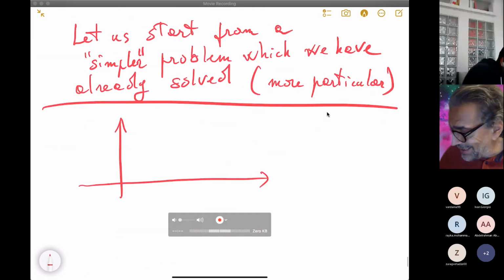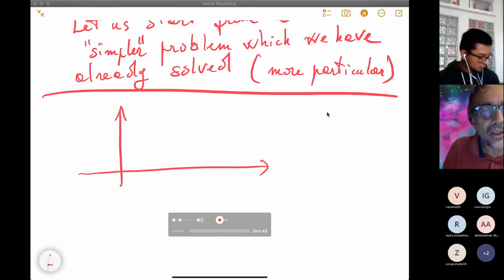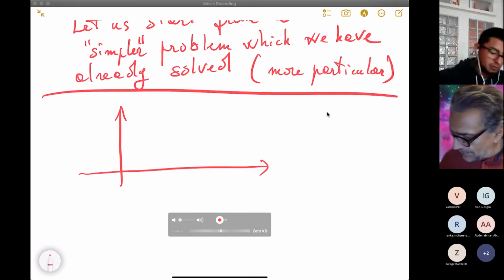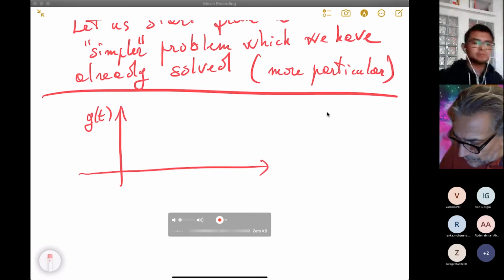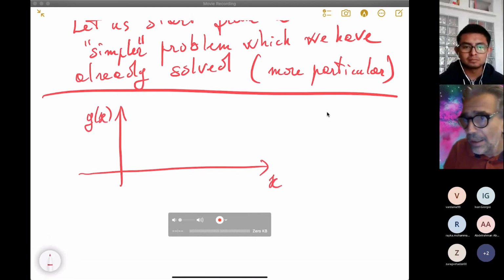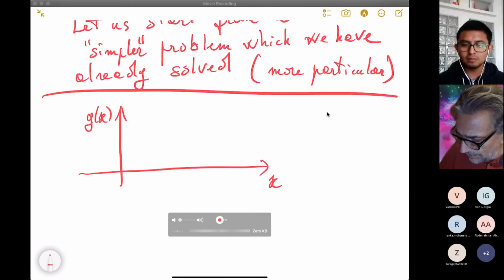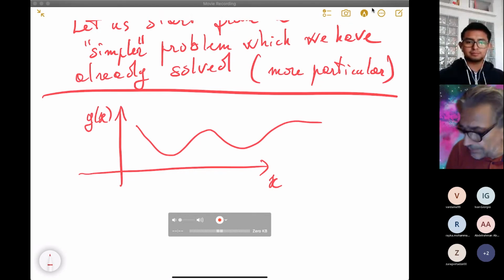So we have a function, a variable x and y of x, and then you have this function, the plot I have drawn.